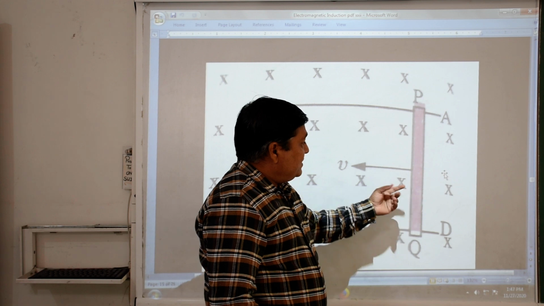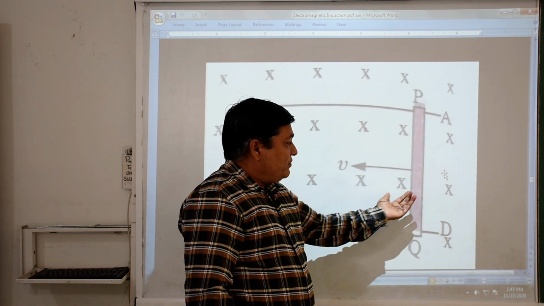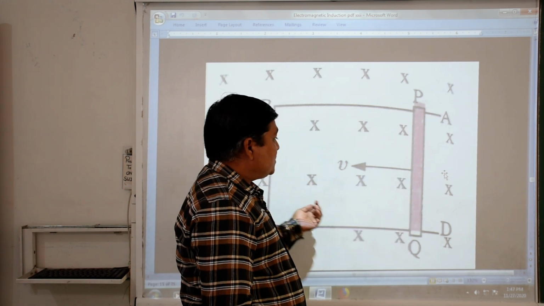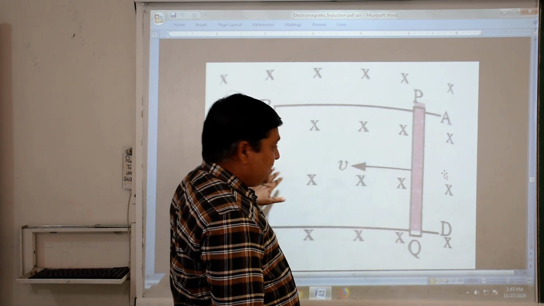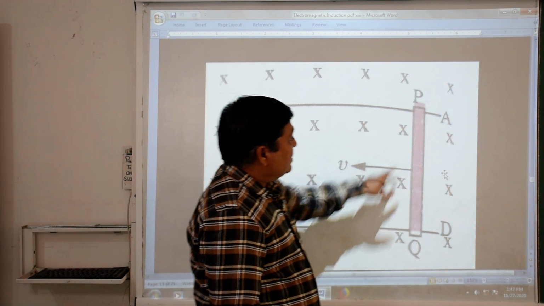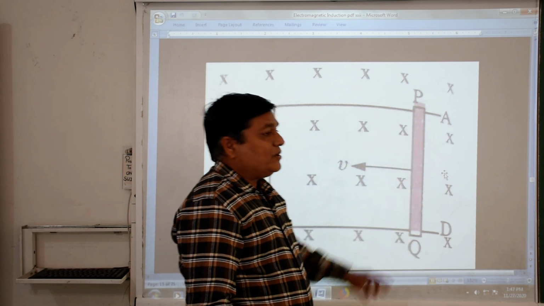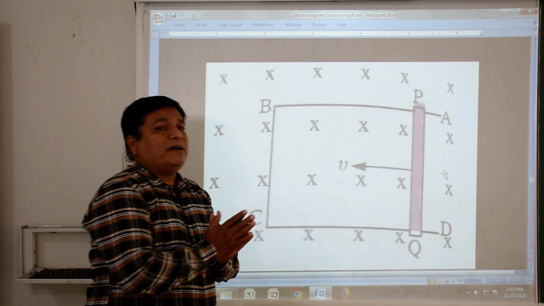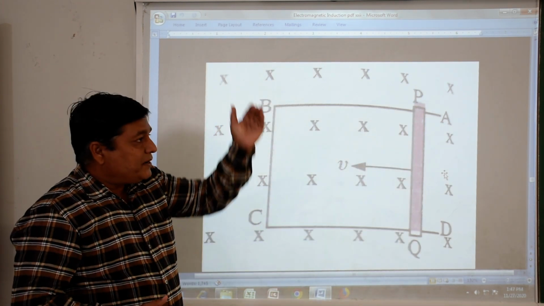If the conductor PQ moves in this direction, where will the induced EMF or current flow, from P to Q or Q to P?